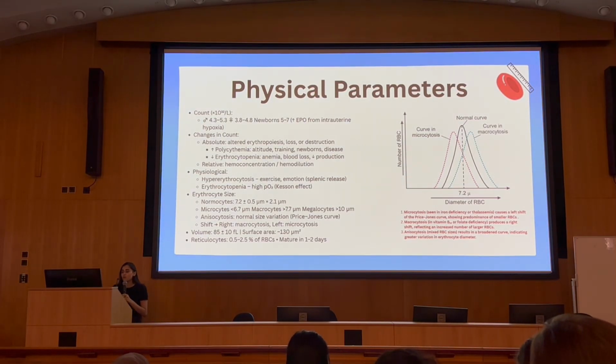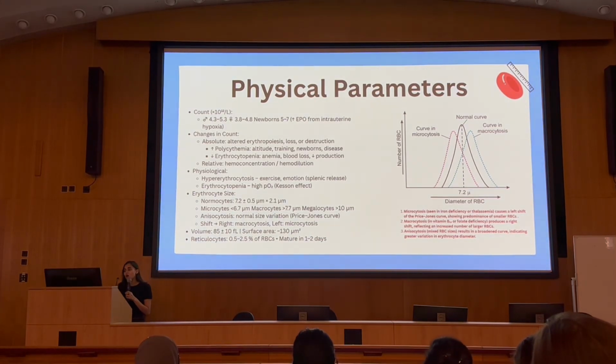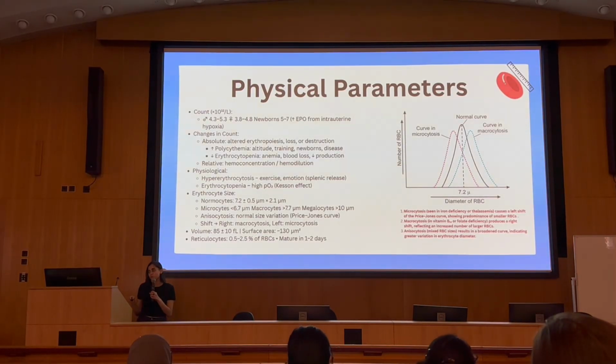And if you shift to the left, then you get microcytes. They might ask you a question in the credit: when do you see microcytes? It could be because of iron deficiency. If iron is deficient, hemoglobin cannot be made, so functional RBCs cannot be made.